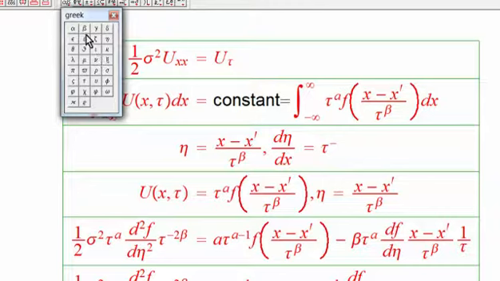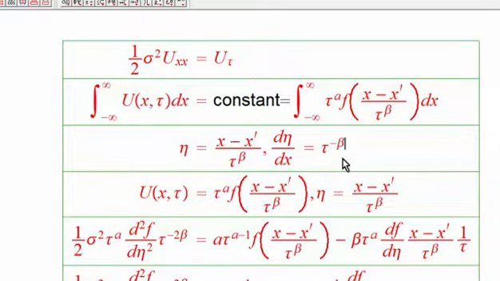Minus beta, I guess. I wish you wouldn't have used all those Greek letters. I think it's a pain, but all right. So that means that dx is equal to tau to the beta times d eta. So let's pop this in here.